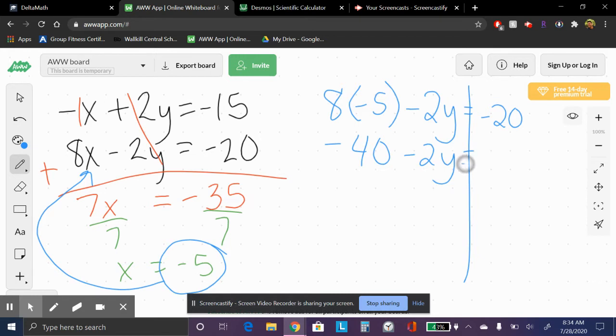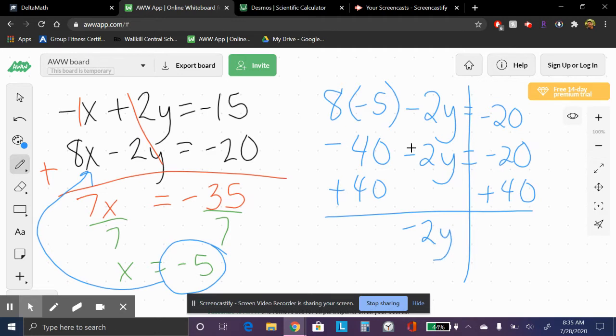Now this becomes a two-step equation where I add 40 to both sides. So you have -2y. Don't forget to bring down the negative, please. Bring down this negative. Equals 20. Divide by -2. And I get my y is, I'm going to write it over here, -10.